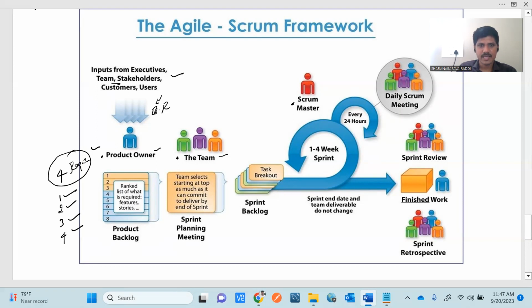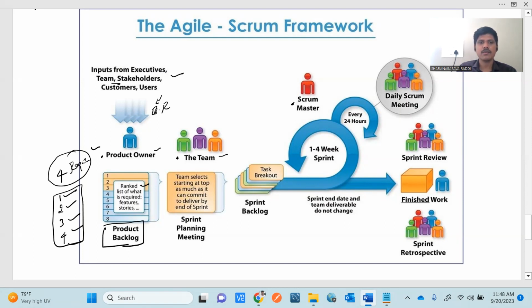Okay, so here I think you are able to see this one, right? So ranked list of what is required, feature stories. After making this arrangement, based on the priority, product owner creates a product backlog. He creates a product backlog.